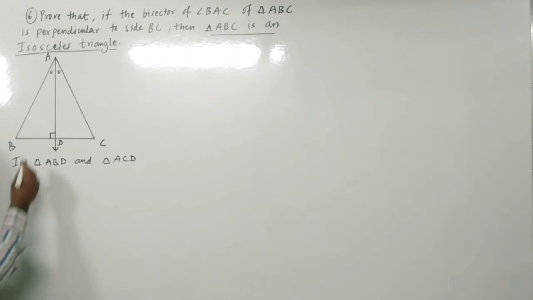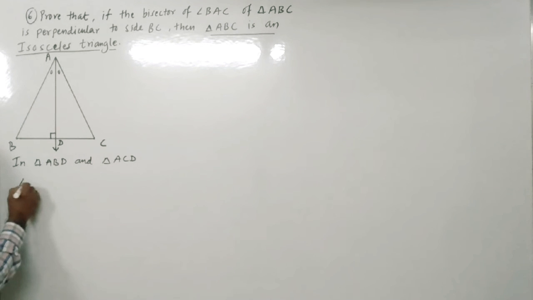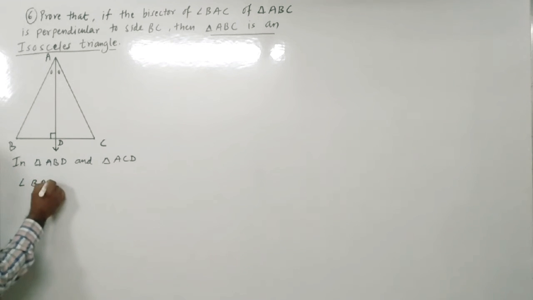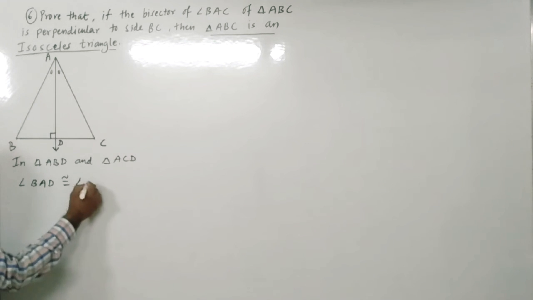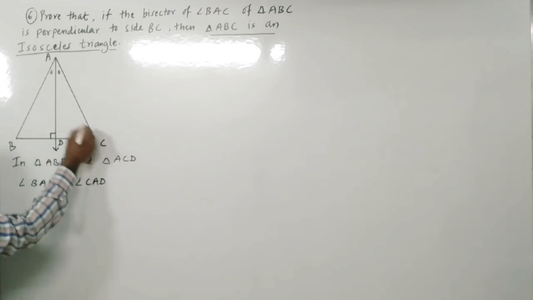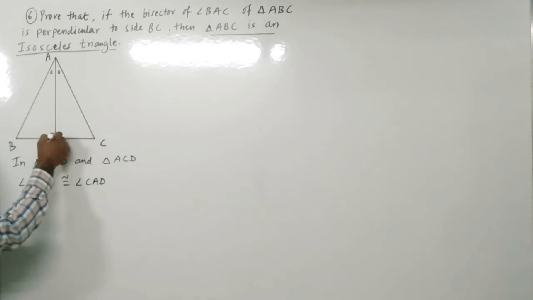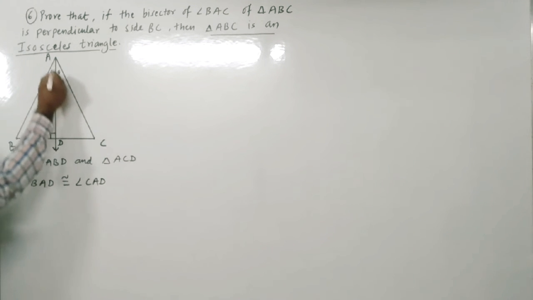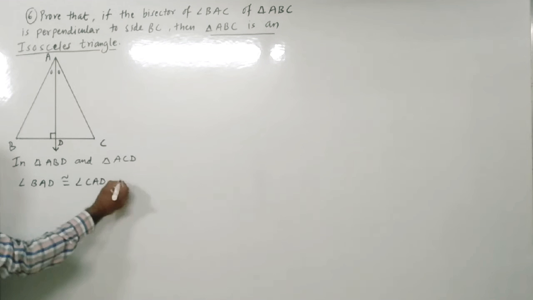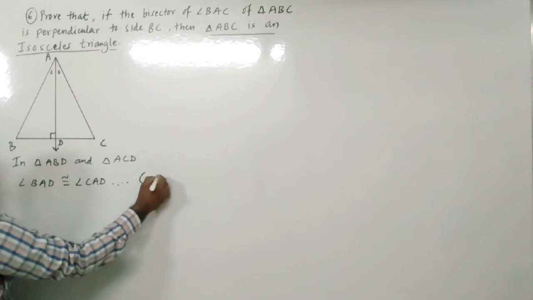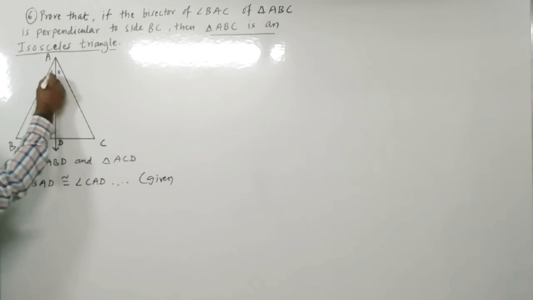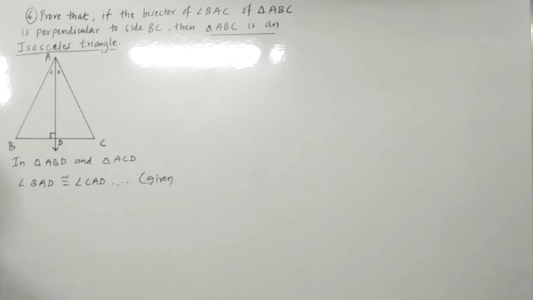In both the triangles, angle BAD is congruent to angle CAD, since this is the angle bisector, it is given. The angle bisector divides the angle into equal measures. So these two angles are congruent.